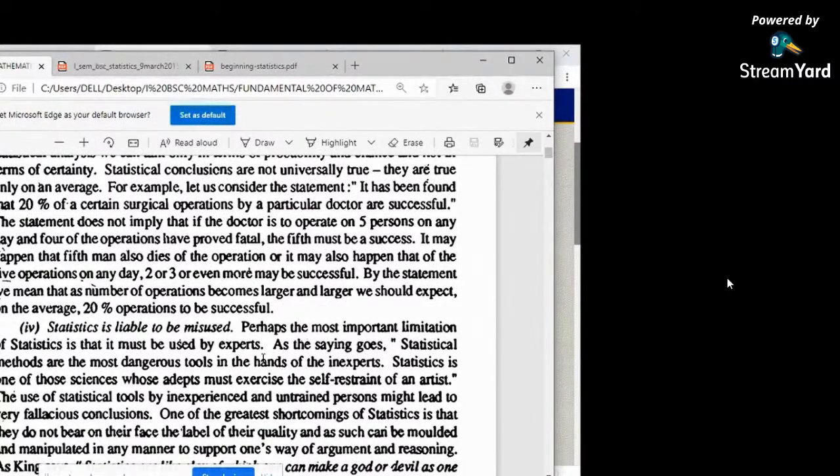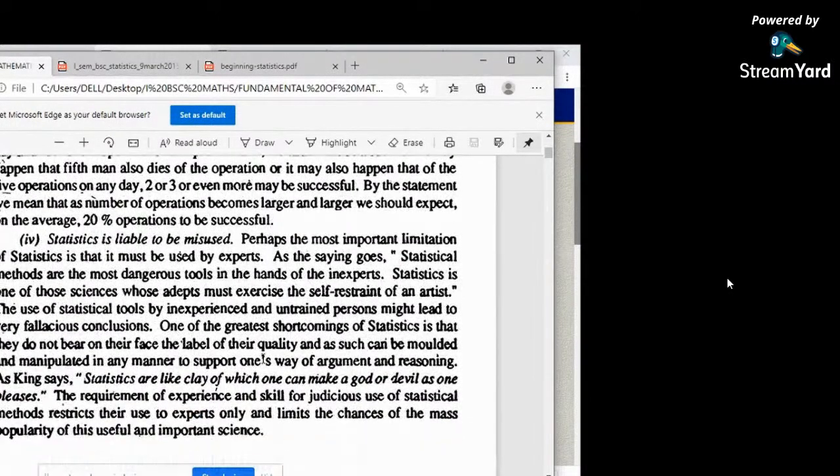Statistics is liable to be misused, because I have told you that in different areas and disciplines we are using statistics. But when we interpret, the statistician should interpret the data. If a social scientist interprets the statistical analysis, there is a chance of wrong interpretation. For example, you are measuring the correlation between height and weight, and the result is 0.7.